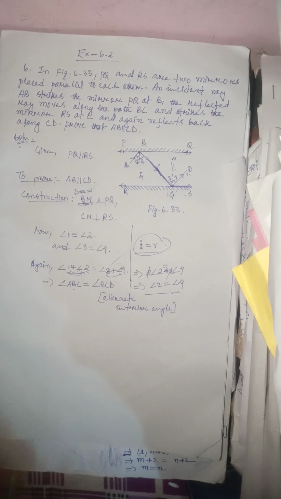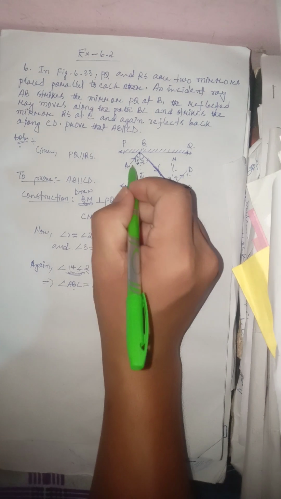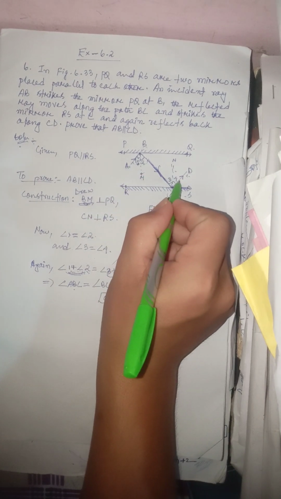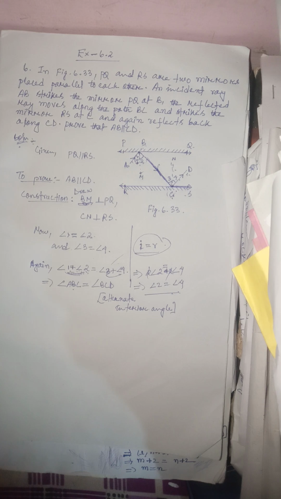Now, if the two alternate interior angles are equal to each other, then the two lines, this one as well as this, are parallel to each other.